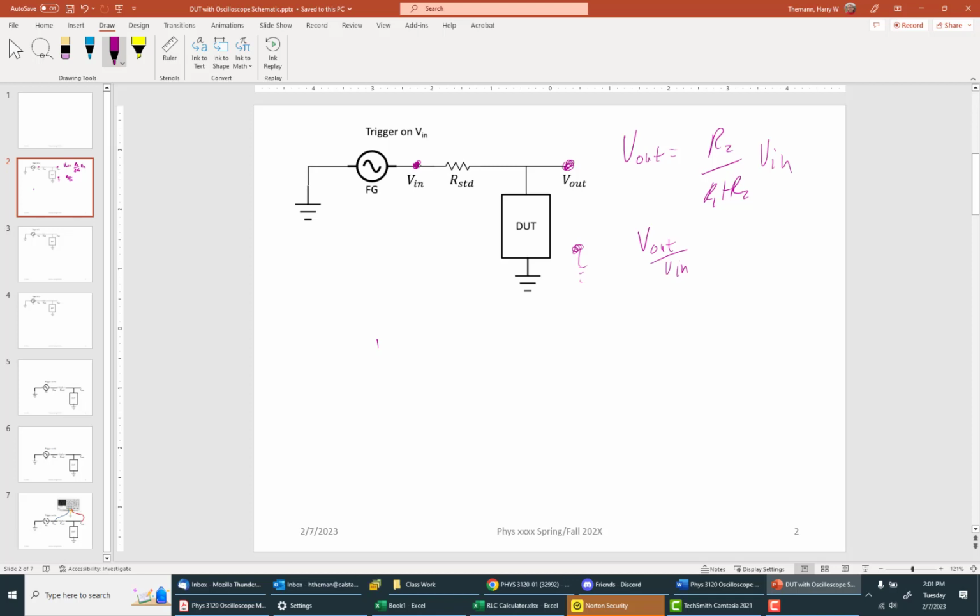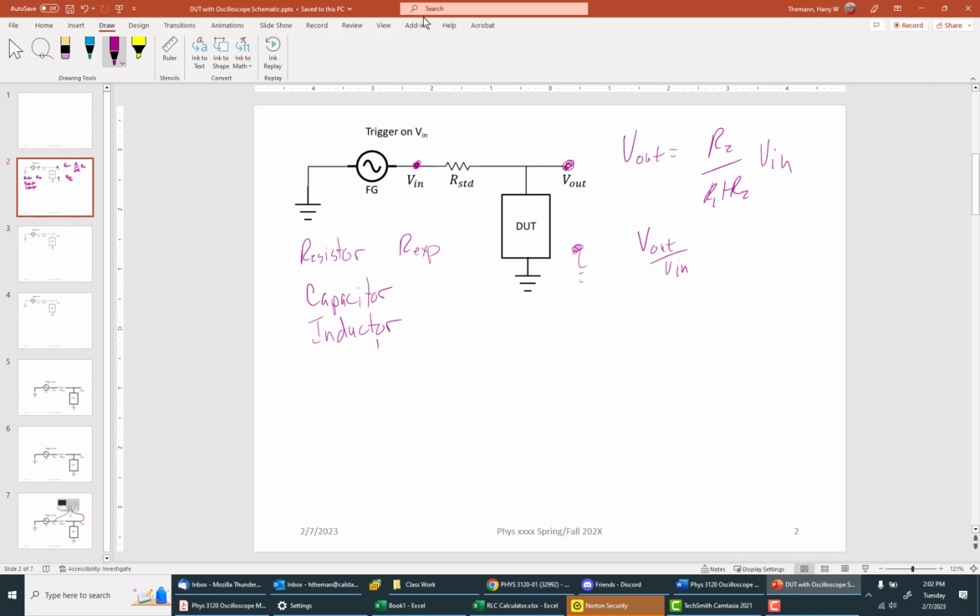But first of all, let's deal with something now because we're going to have three things to look at: a resistor, and that's our R experimental, and we have a capacitor, and we have an inductor. So when we put an inductor into the box labeled device under test, how do we deal with it mathematically?